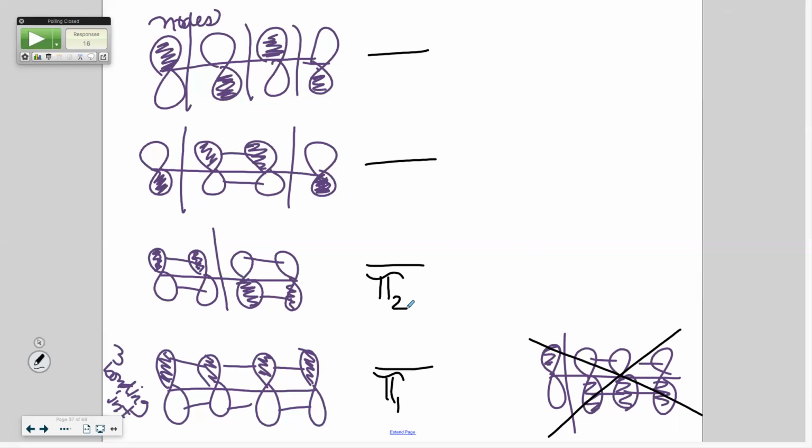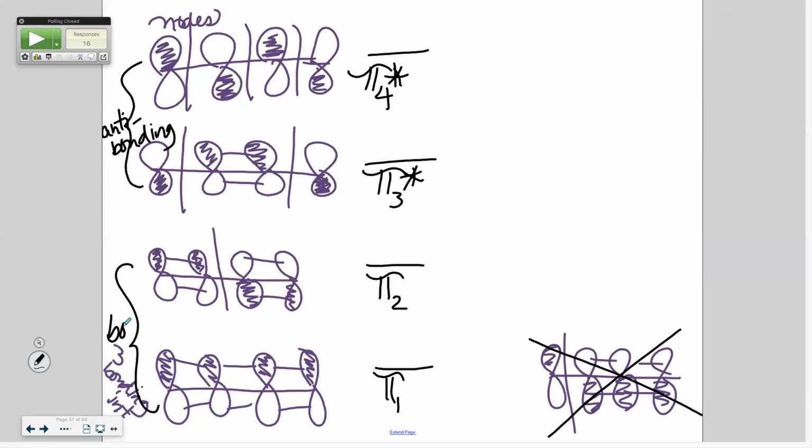They're going to be pi 3 star and pi 4 star. The star means anti-bonding. Okay, so these are anti-bonding molecular orbitals. And these are bonding.